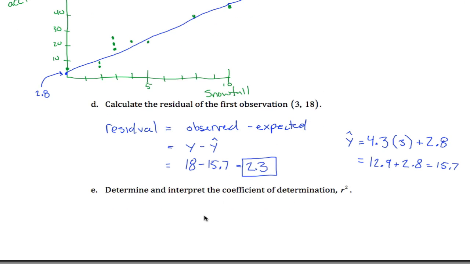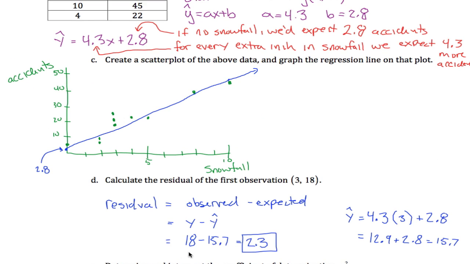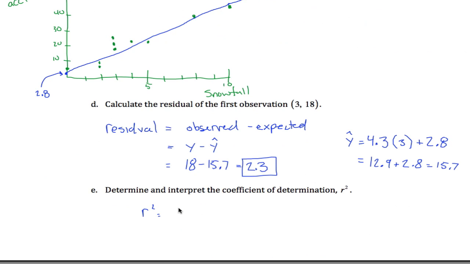And then determine and interpret the coefficient of determination. I was friendly enough, I told you that that's r squared. You can get that straight out of your calculator, the same thing that gives you all this information. You get r squared is equal to 0.95, 0.947 maybe.